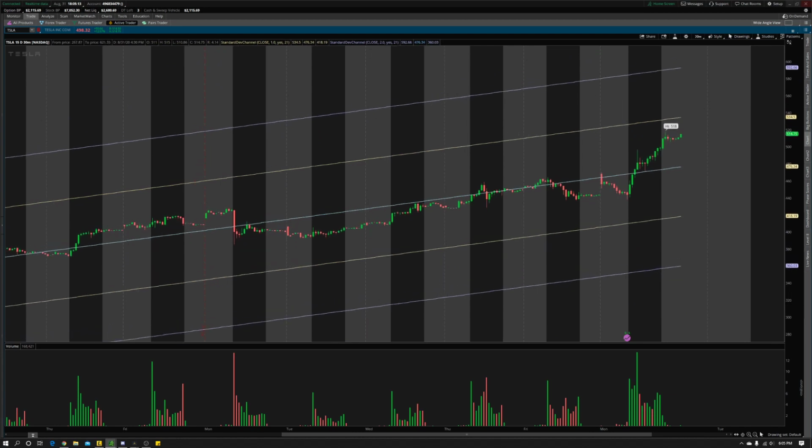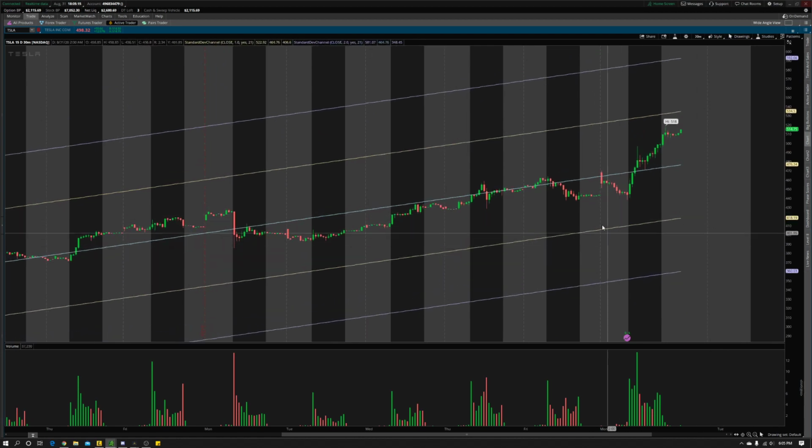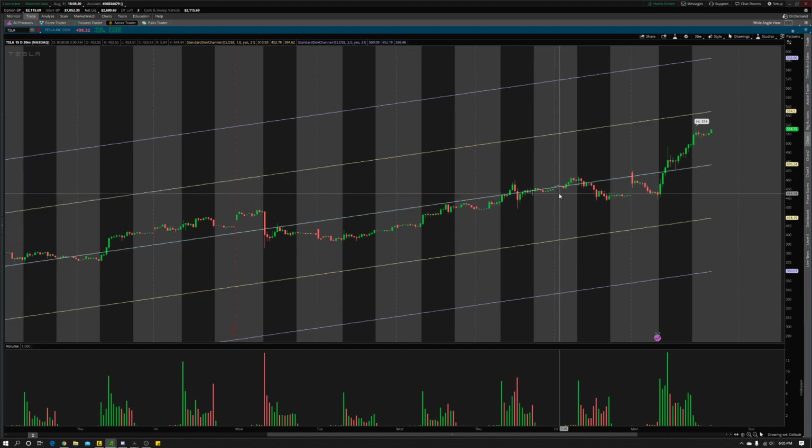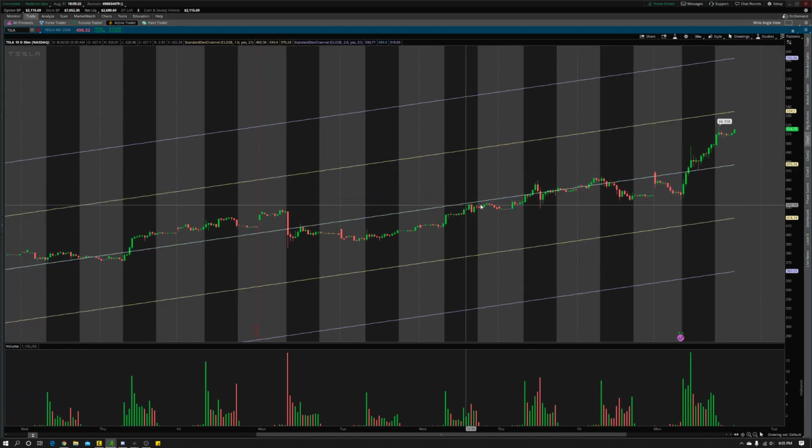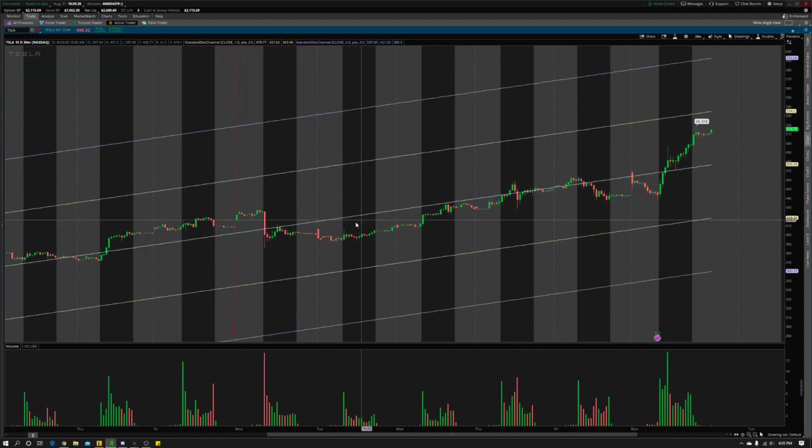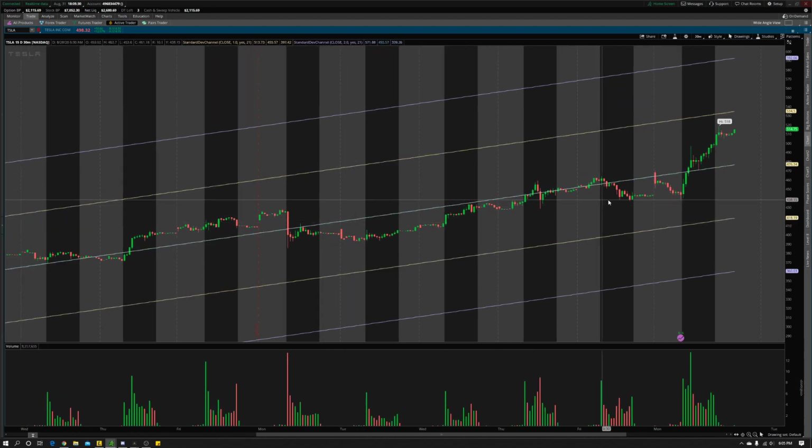So that works. So these are standard deviation channel lines, and this blue line is our median line, the center line, and most of the time price action is gonna be around that center line. As you get further out, this is one standard deviation to the upside, two standard deviations to the upside.